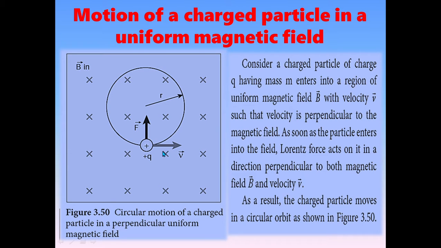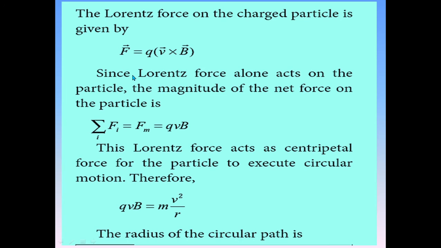As soon as the particle enters the field, the Lorentz force acts on it in a direction perpendicular to both the magnetic field B vector and the velocity v vector. As a result, the charged particle moves in a circular orbit.